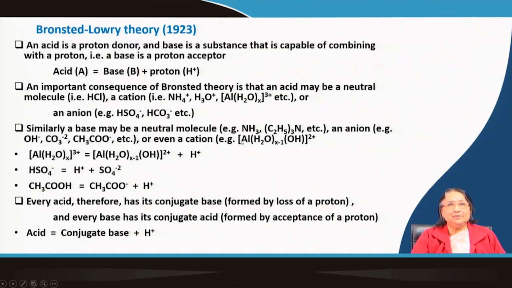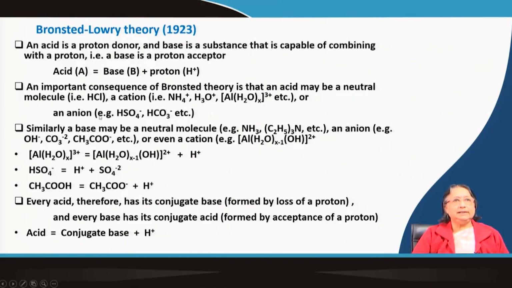Even a cation, for example, this type of complex can take up a proton to give back this one, as you can see here. So, this property also can be explained by the Bronsted-Lowry theory. It has been shown here in equation form why something is an acid and why something is a base.